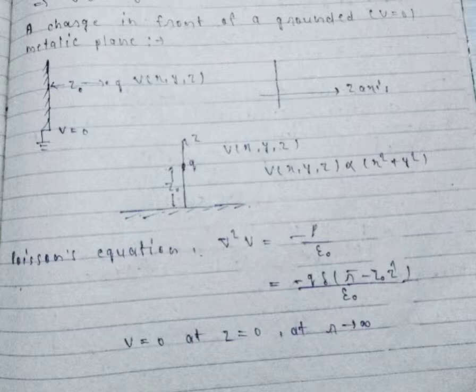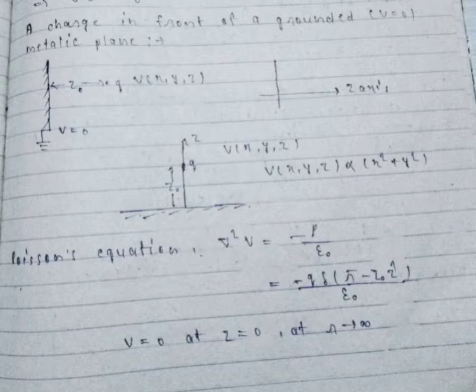Now, inside this volume, the Poisson's equation is del square V equals minus rho over epsilon 0. Recall what rho is given for a point charge as. This is given as delta function, so q delta r minus z naught z over epsilon 0.